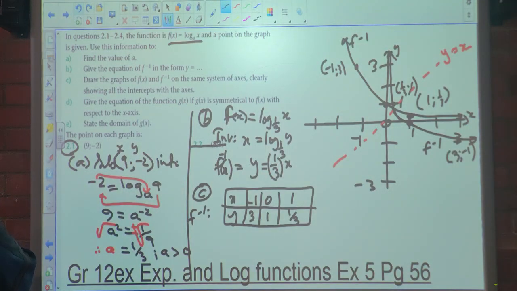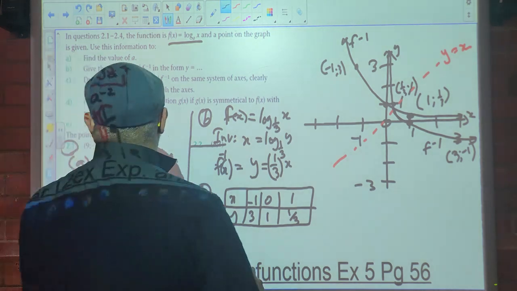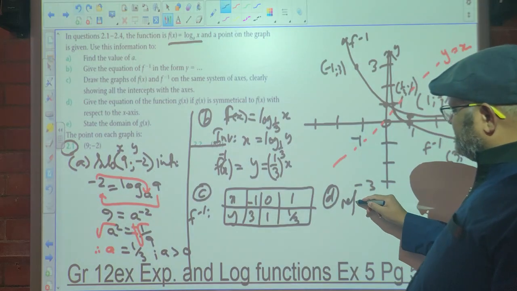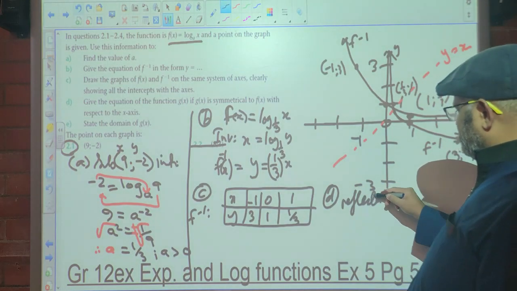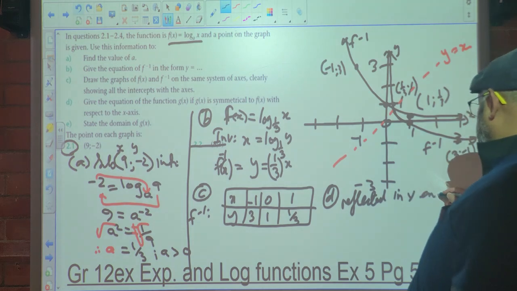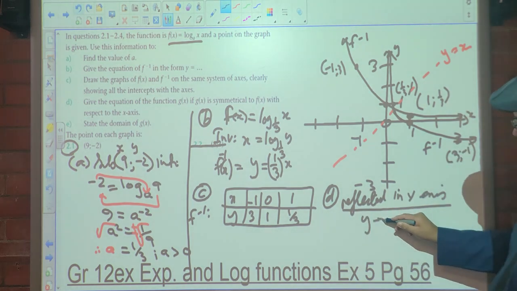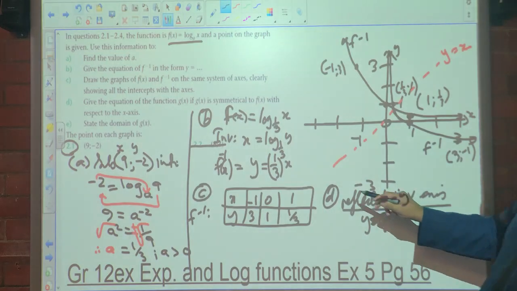Give the equation of the function g of x if g of x is symmetrical to f of x with respect to the x-axis. So if something is reflected in the x-axis, what do we say? Y becomes negative. Okay, so that's the equation.